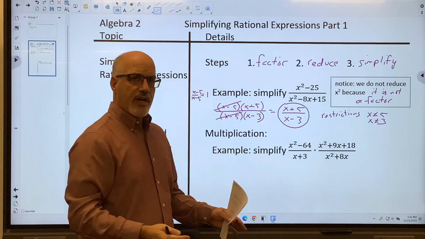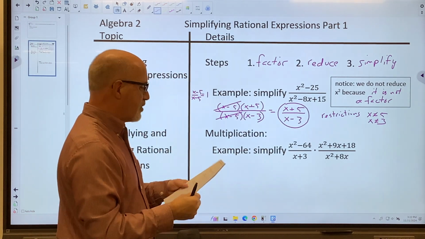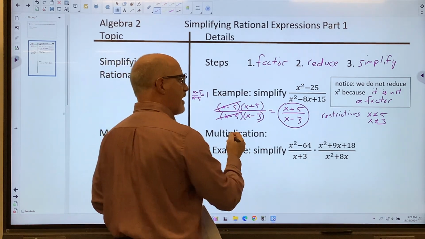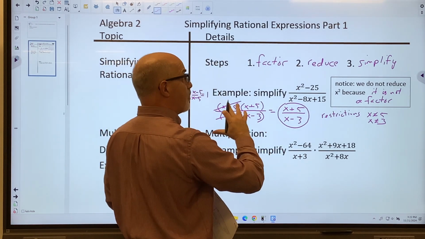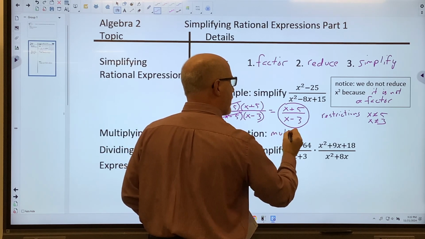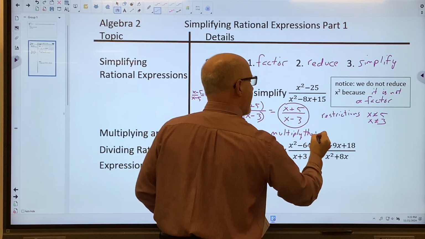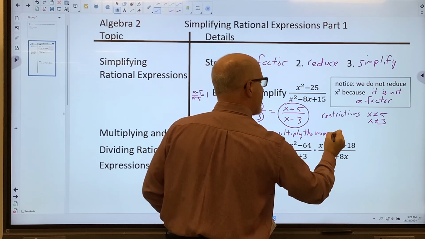Now, let's move on to multiplication, which will follow some of the same procedures. When we multiply two rational expressions together, we're going to multiply the numerators, and then we're going to also multiply the denominators.